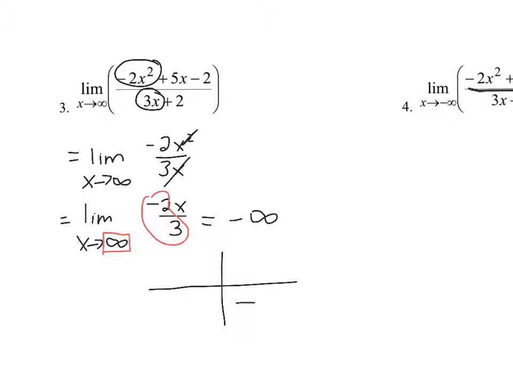It's going down as x goes to infinity. So as x gets really big, the function's going to negative infinity. So if you put negative 2x squared, blah, blah, blah, over 3x plus 2 into Desmos, and look at it as it goes off to infinity, it will dive down and go toward negative infinity.